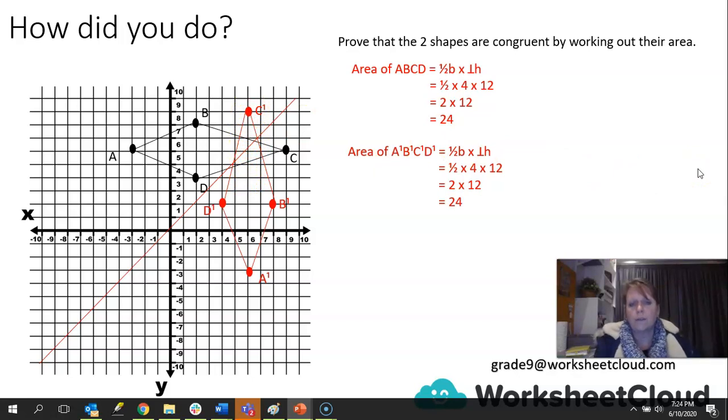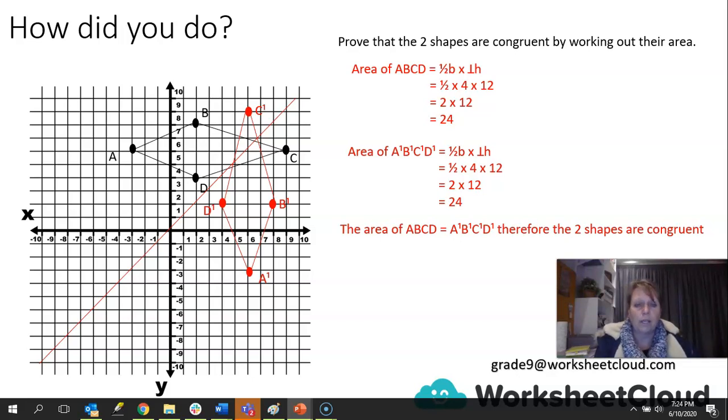Okay, so half of 4 is 2 times 7 is 14, plus the 10 from the other triangle still gives me 24. Have a look. Area of ABCD is 24. Area of A1B1C1D1 is also 24. So we can safely say that because the areas are equal, the two shapes are congruent.